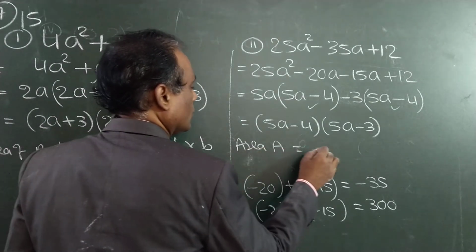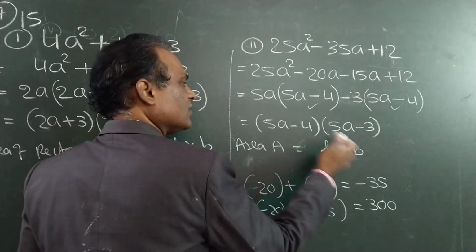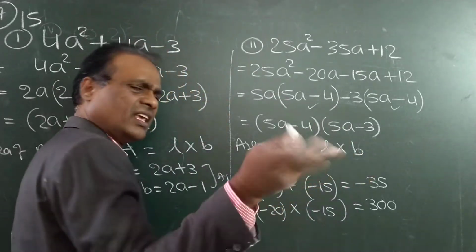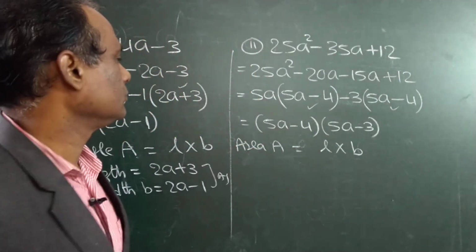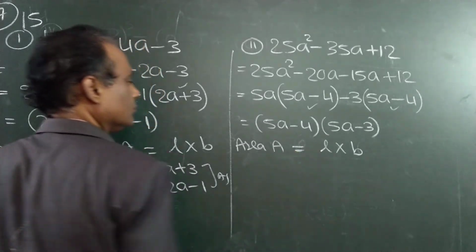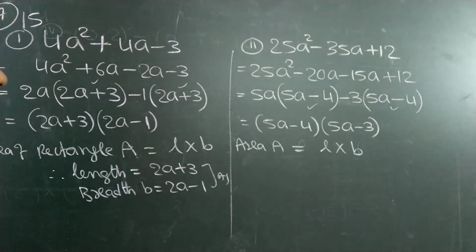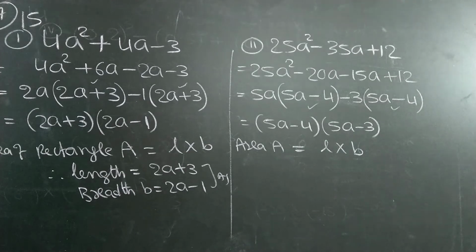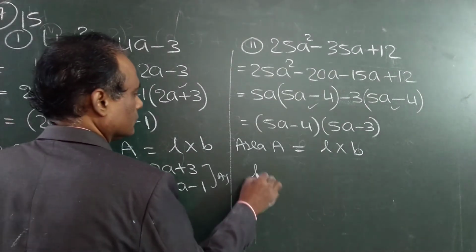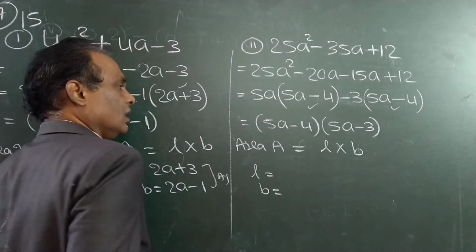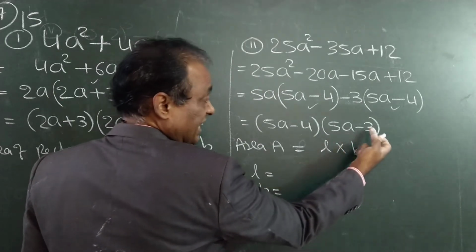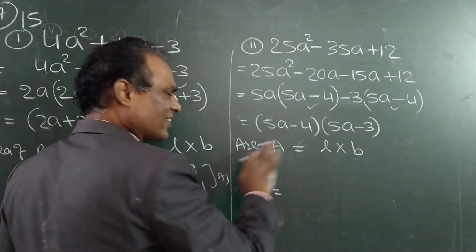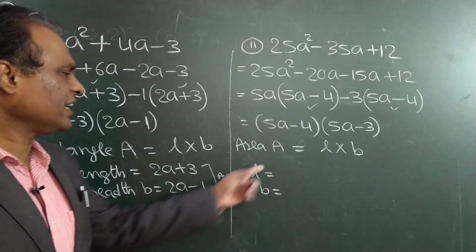Area is equal to length into breadth. This is length, this is breadth, or this is length, this is breadth; anyway, vice versa. Generally the greater value is the length, but here we need not write it, we can leave it.